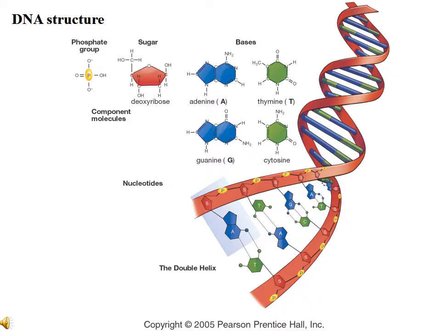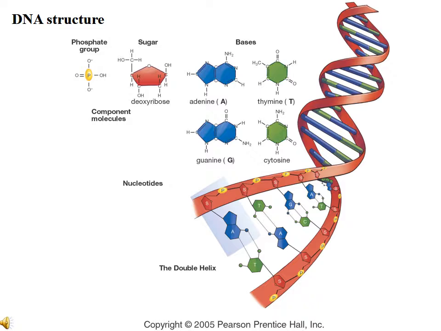If you look carefully, you'll see that adenine combines with thymine, and guanine combines with cytosine through hydrogen bonding. That's important because a molecule of DNA is made up of 2 strands, and the strands are held together very specifically by complementary bases. Therefore, an adenine will combine with a thymine, and a guanine will combine with a cytosine.